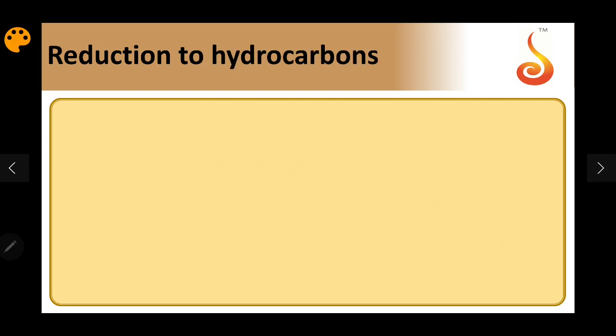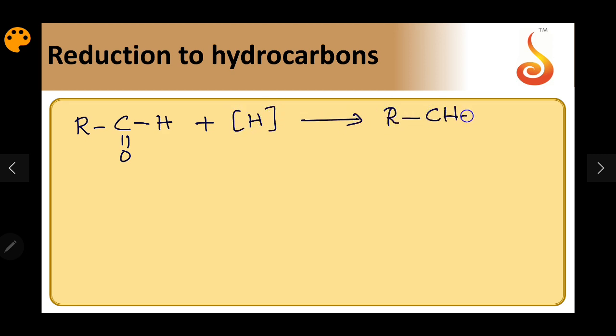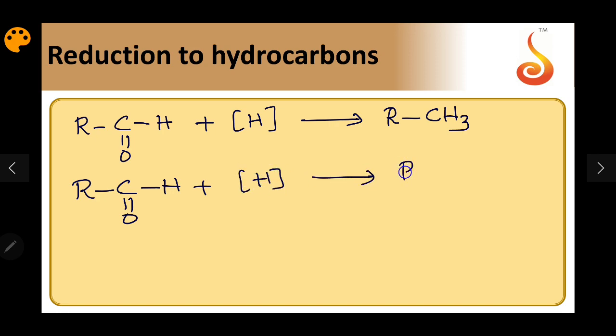We have reduction to hydrocarbon directly. If RCHO is reduced directly, it can become RCH3. In the same way, a ketone can become the corresponding alkane. In these reactions, the keto group is completely reduced to a CH2 group.